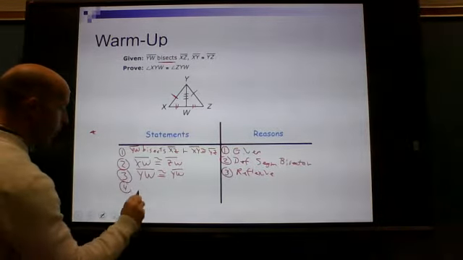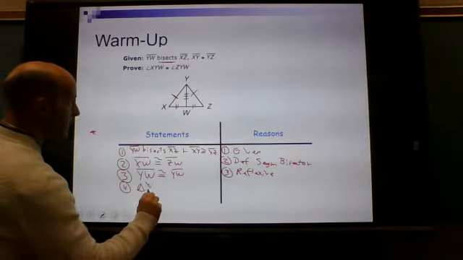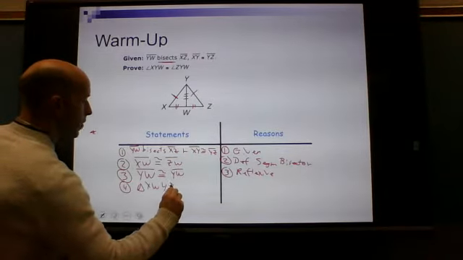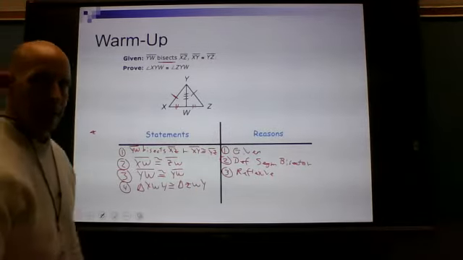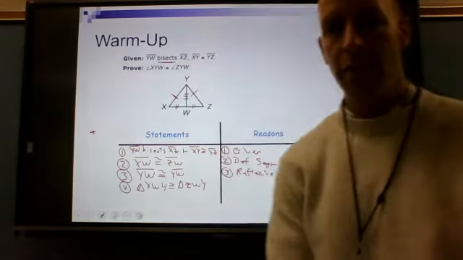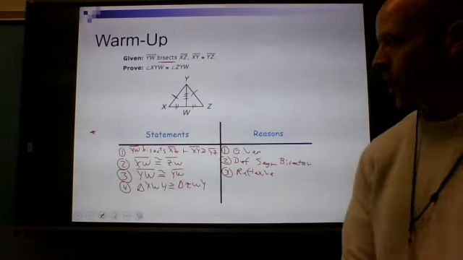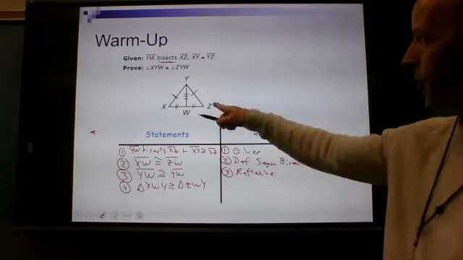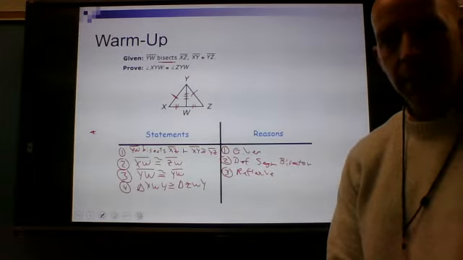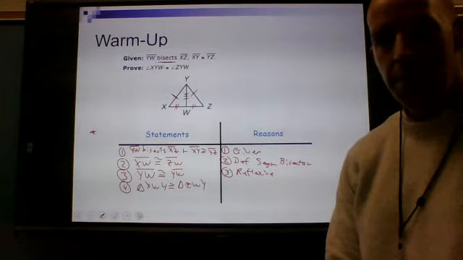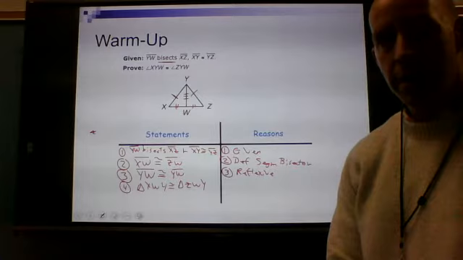Okay, so this is going to be congruent to this. Now, step 4, triangle XWY is congruent to triangle ZWY. Someone besides Ishmael, could you tell me why those two triangles would have to be congruent looking just at the picture? Because they're vertical.